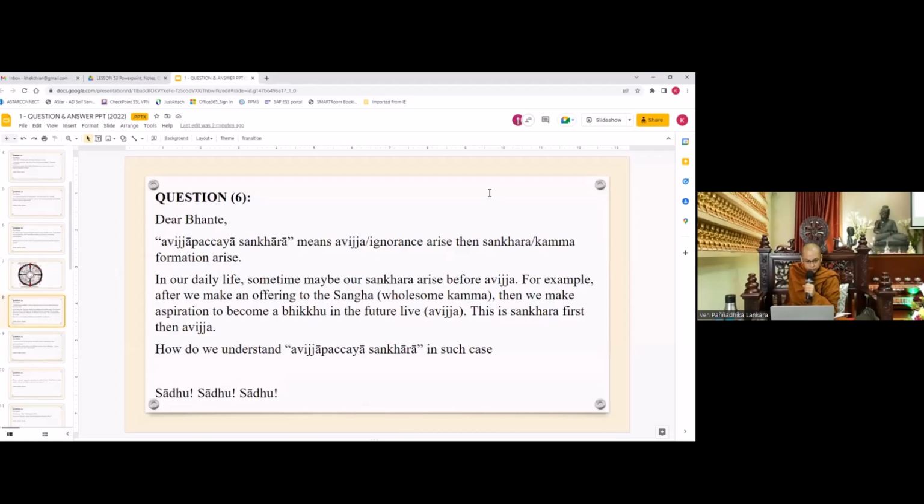In our daily life, sometimes maybe our sankhara arises before avijja. For example, after we make an offering to the sangha, wholesome karma, then we make an aspiration to become a bhikkhu in the future life. This is sankhara first, then avijja. How do we understand avijja paccaya sankhara in such a case?